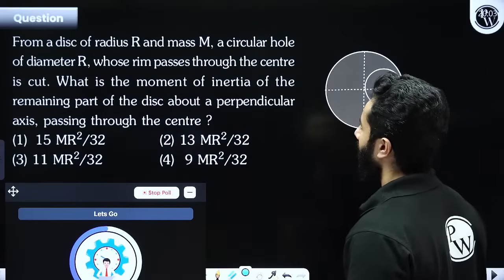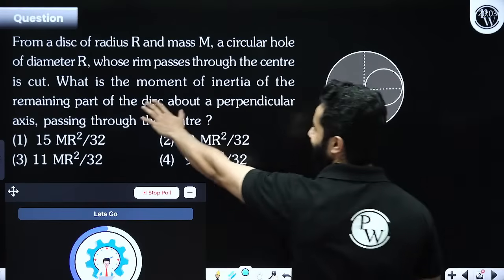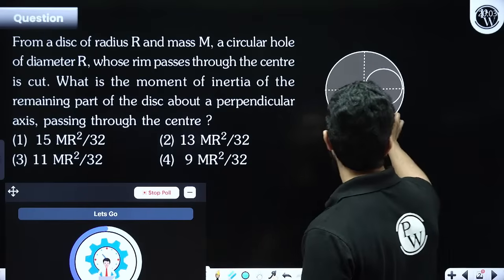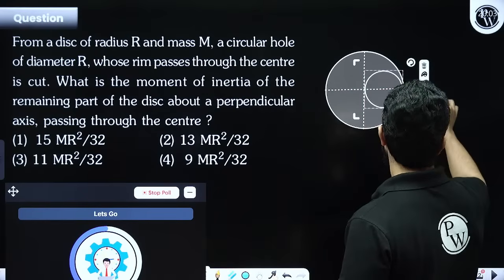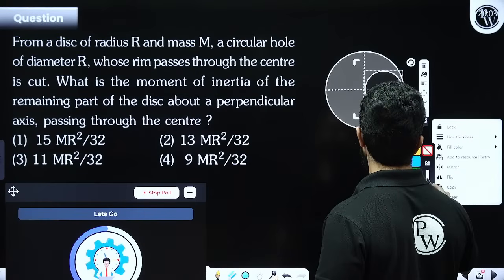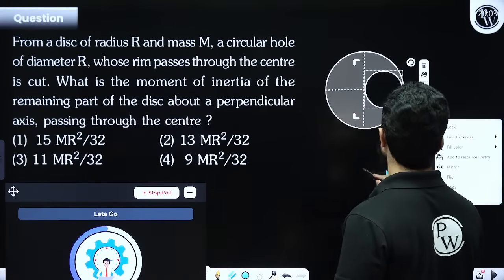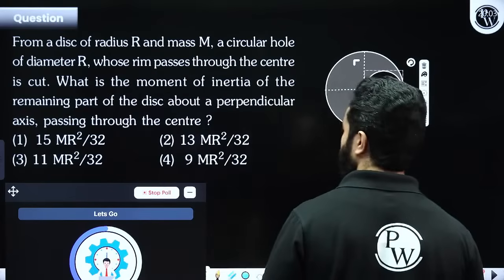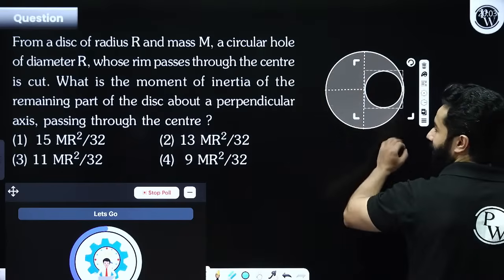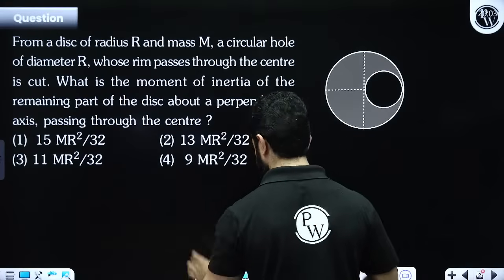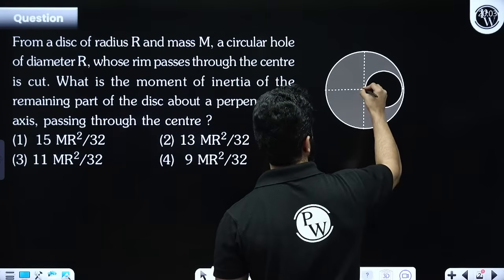And whose rim passes through the center is cut, right? So this has been cut like this. And then you have to find the moment of inertia of the remaining part of the disk about a perpendicular axis passing through the center.